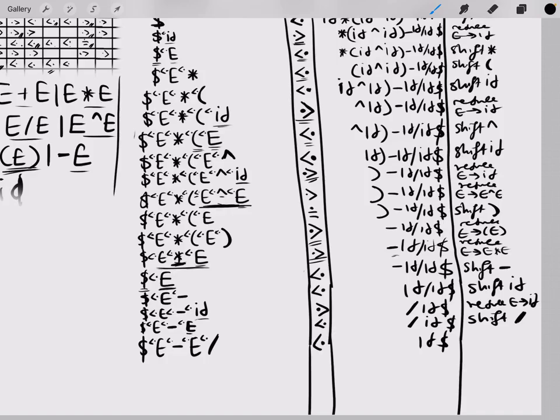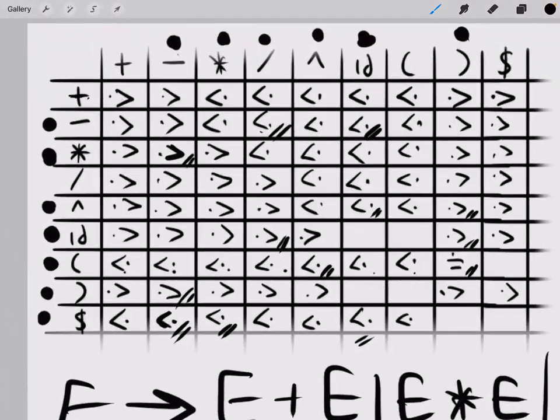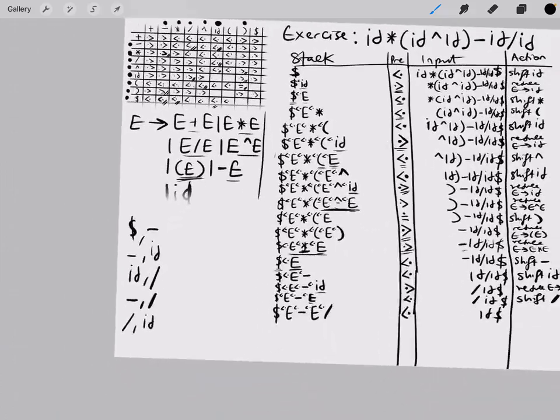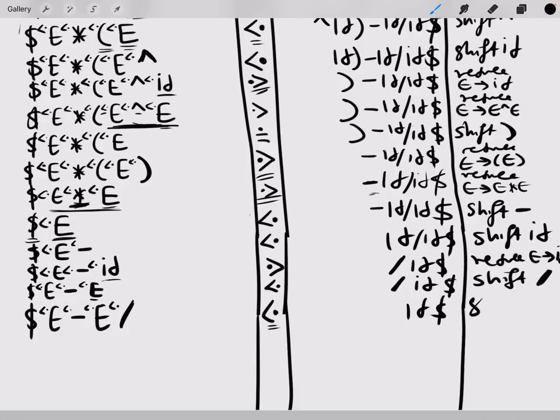So checking this, division versus ID, division yields to ID. So we shift ID.